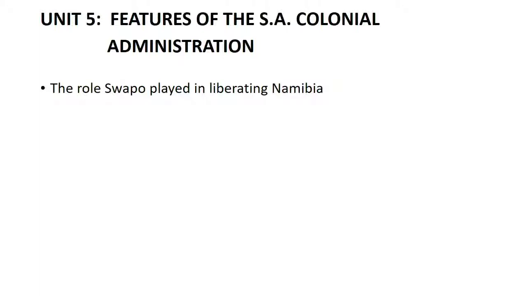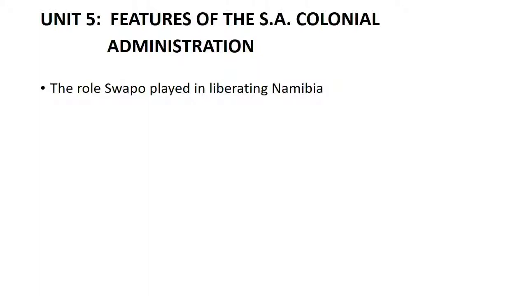We move to Unit 5, features of the South African colonial administration. So here we should focus on the following: the role played by SWAPO in the liberation of Namibia.